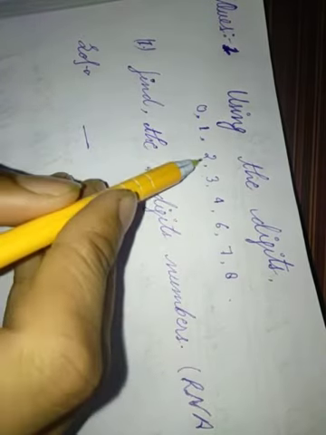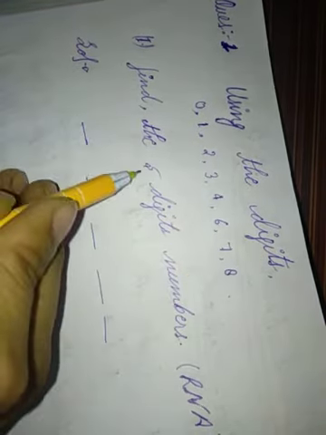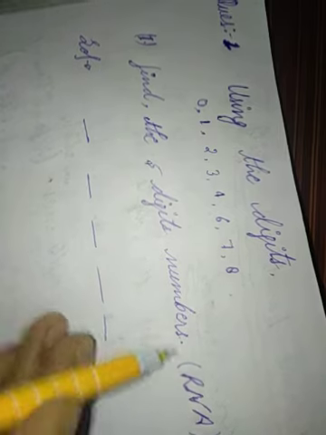Let's start with the first question. Using the digits 0, 1, 2, 3, 4, 6 and 7, find the 5-digit numbers in which RNA, which means repetition not allowed. We start.